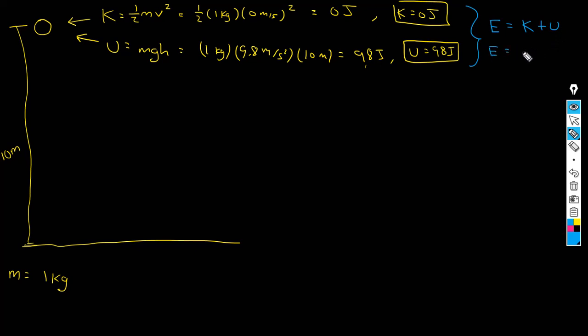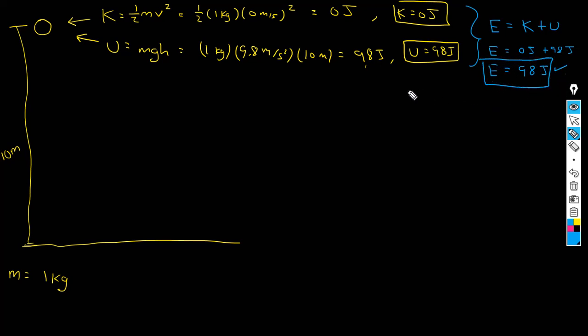The total energy will be 0 joules from the kinetic plus 98 joules from the potential, and so we have a total of 98 joules of total mechanical energy.